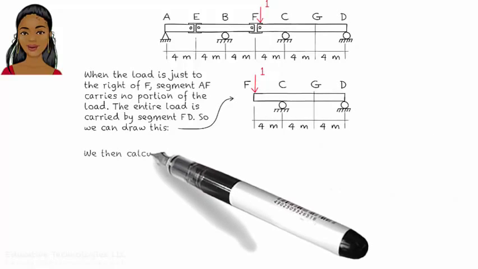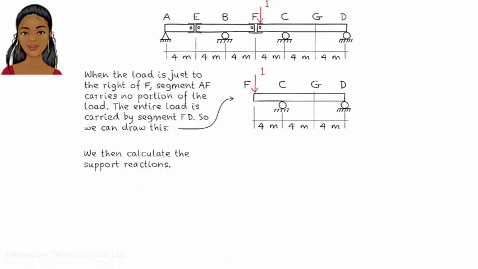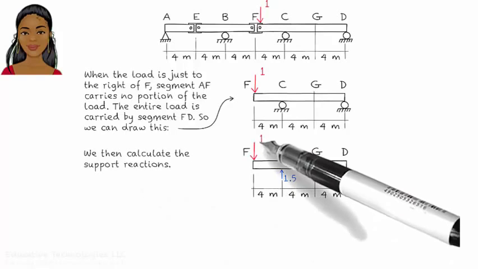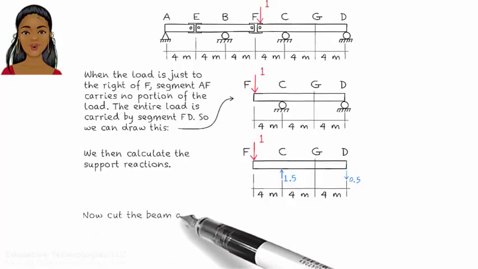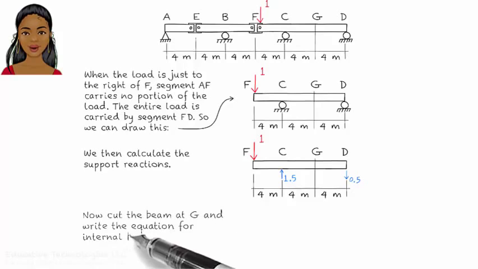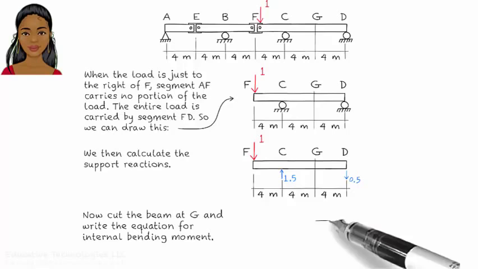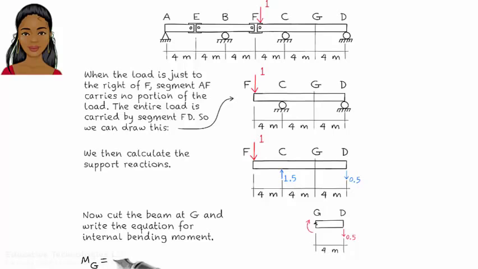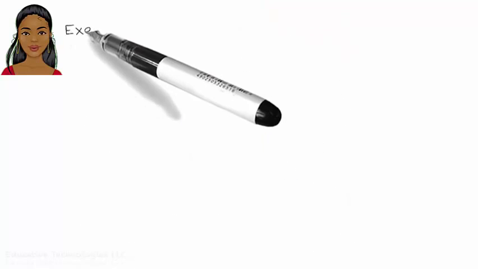We then calculate the support reactions. Now cut the beam at G and write the equation for internal bending moment. Then the magnitude of the maximum negative moment at G is 4 kilonewton meters.